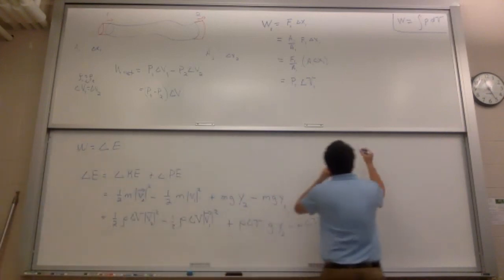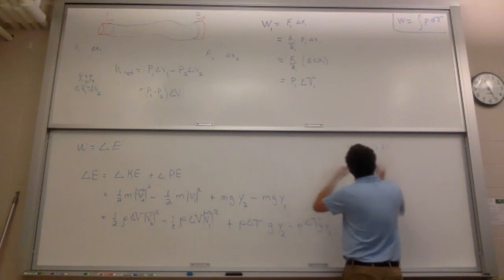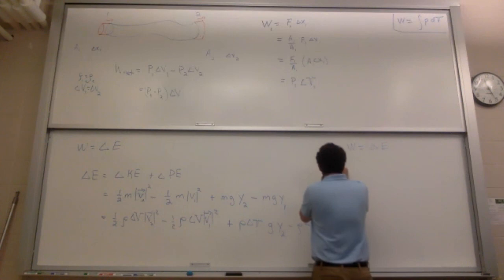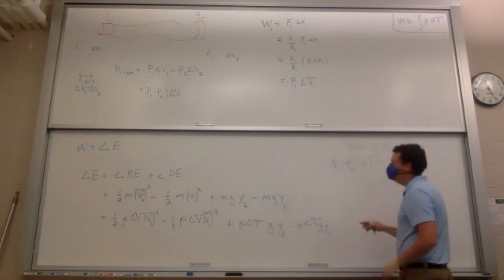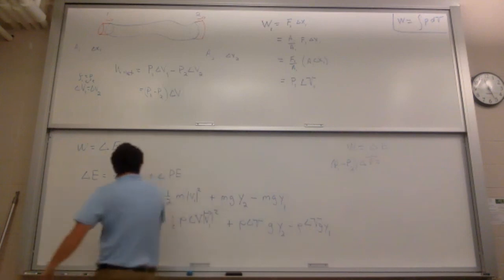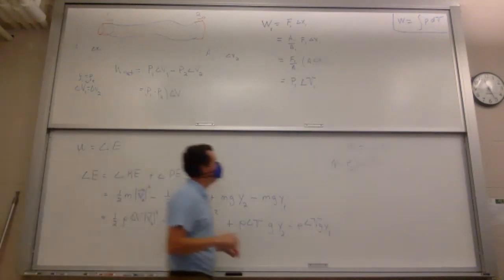So when I write this down, I have to write down that the work equals the change in the energy. So that says that P1 minus P2 times delta V equals, everything here has a delta V, so I can factor that out. I'm just going to factor out the volume factors.